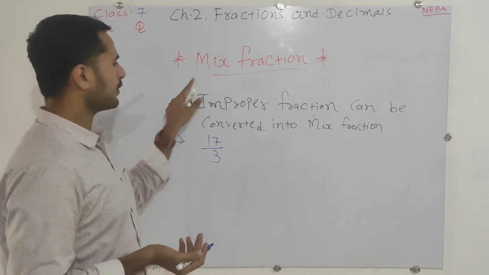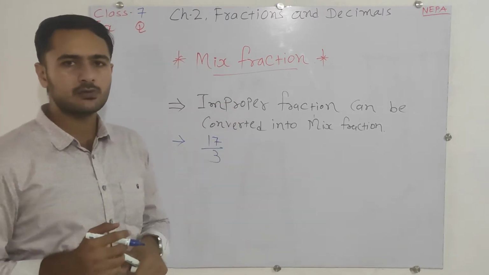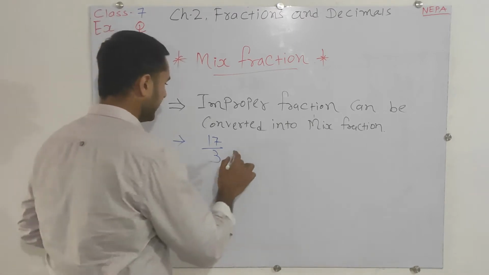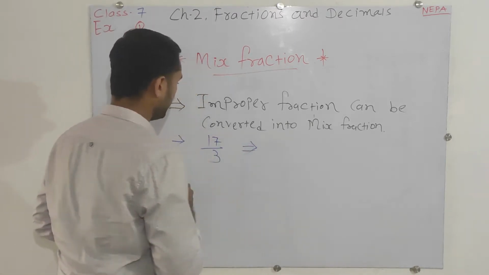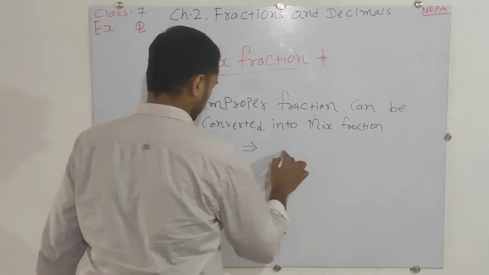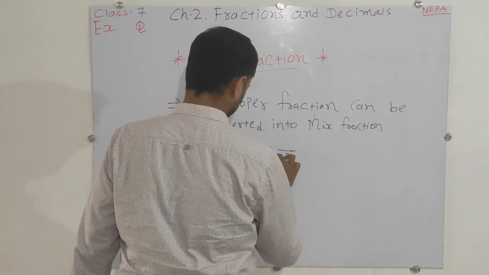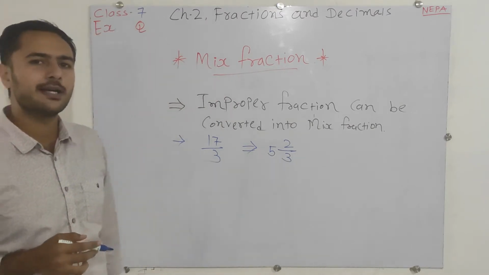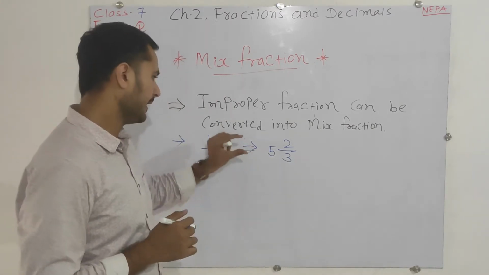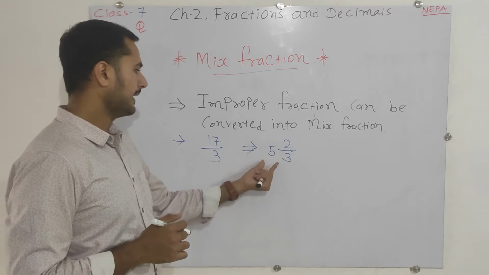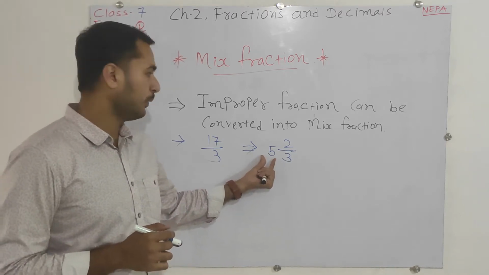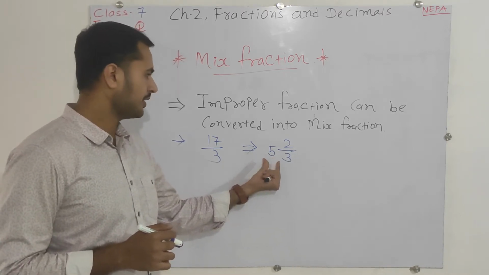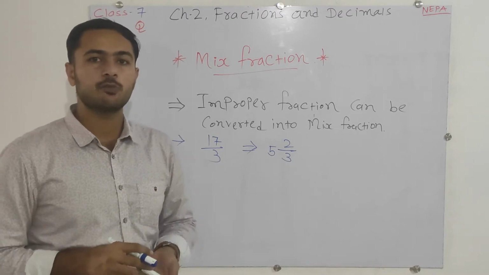Now, we want to convert it into a mixed fraction. If I convert that, it will be 5 integer 2 by 3. How to pronounce it? Here the single number is known as the integer, so we will speak it like 5 integer 2 by 3.